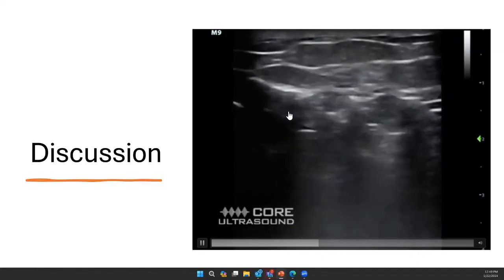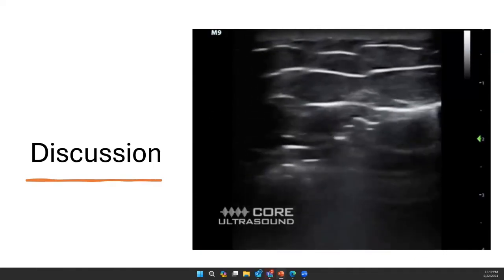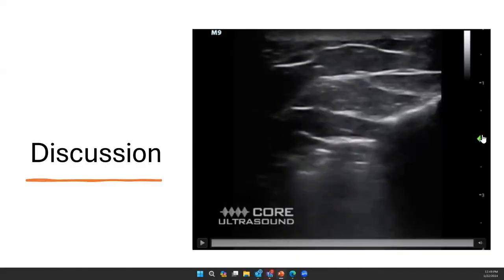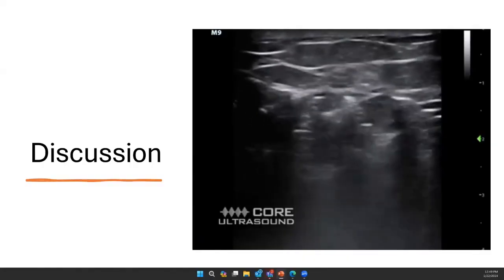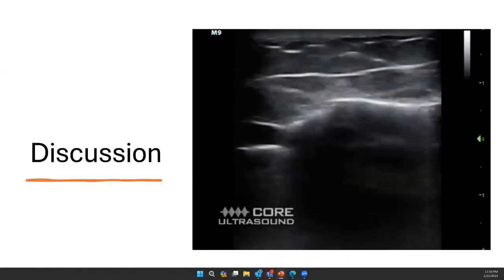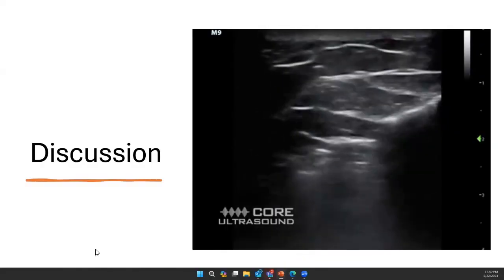And one of the things I'd like to point out, if you look on the right side of that image, you see the lines there, that 1, 2, 3, that's centimeters of depth. So this is a pretty shallow image. That'll also give you a clue if you're having to review another image that'll tell you how deep the probe's actually going. And that green arrow is the focal length. So it's focusing on that particular band right there.